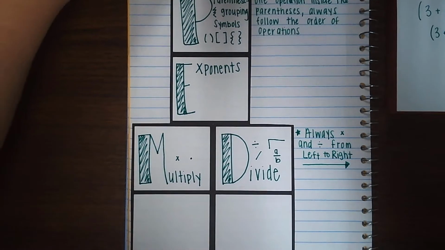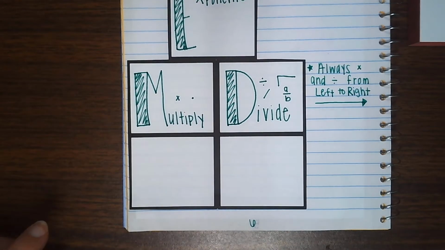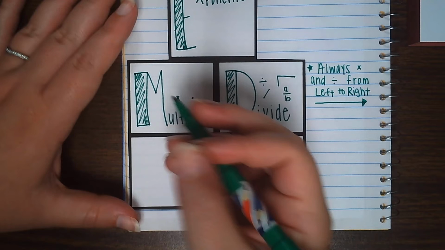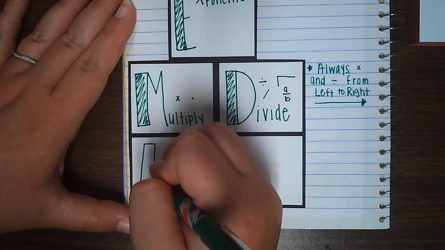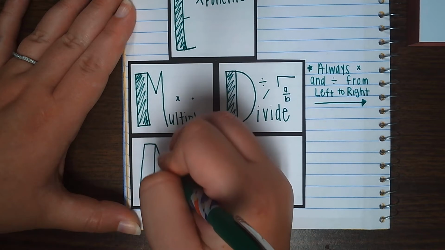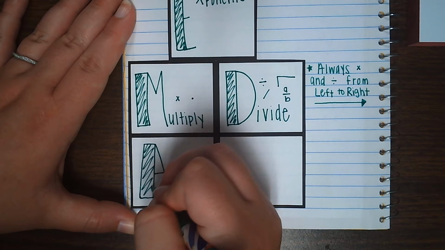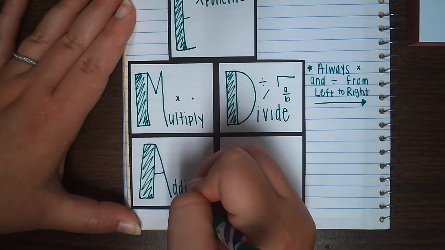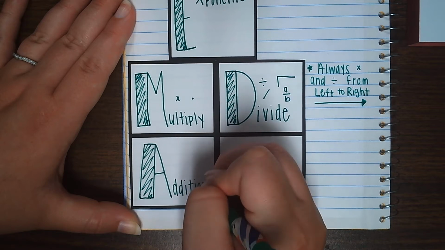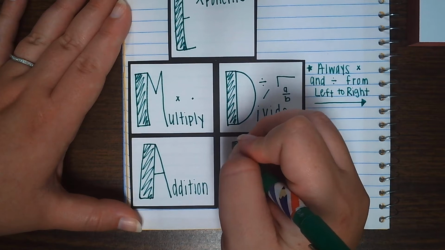And we've got the same thing going on with our next two. The last two things that we consider when we're looking at order of operations are addition. So we're going to write a big A. And subtraction.